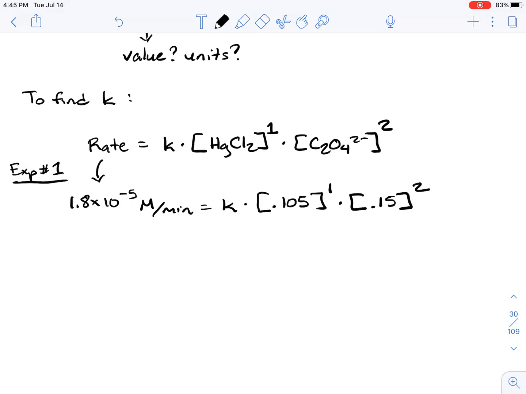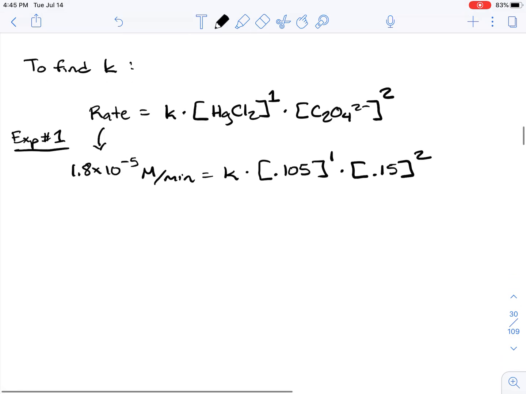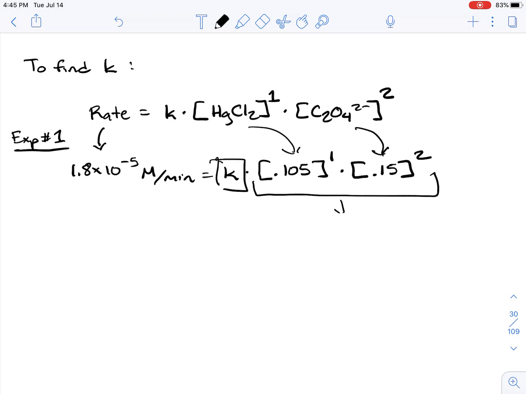And it's undergoing second order kinetics. All right, so notice that by plugging in the values from the kinetic data, the only thing that is unsolved is K, right? And so this becomes very simple. You guys can just plug this into your calculator.